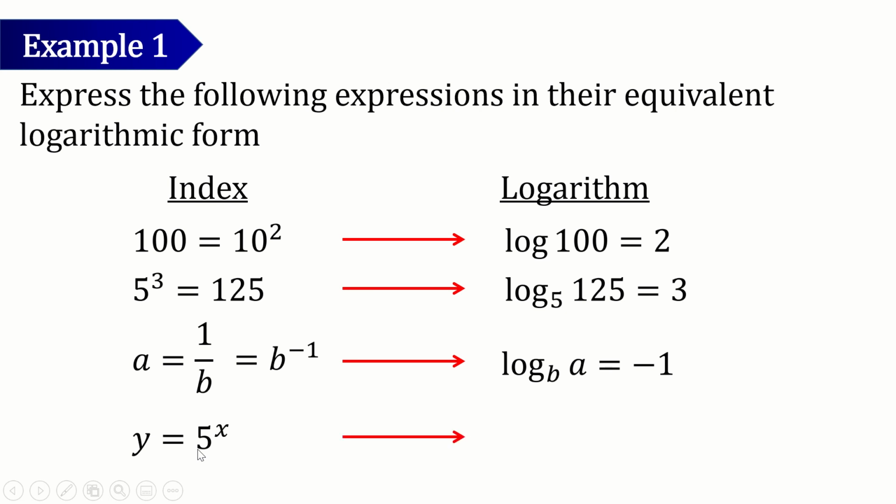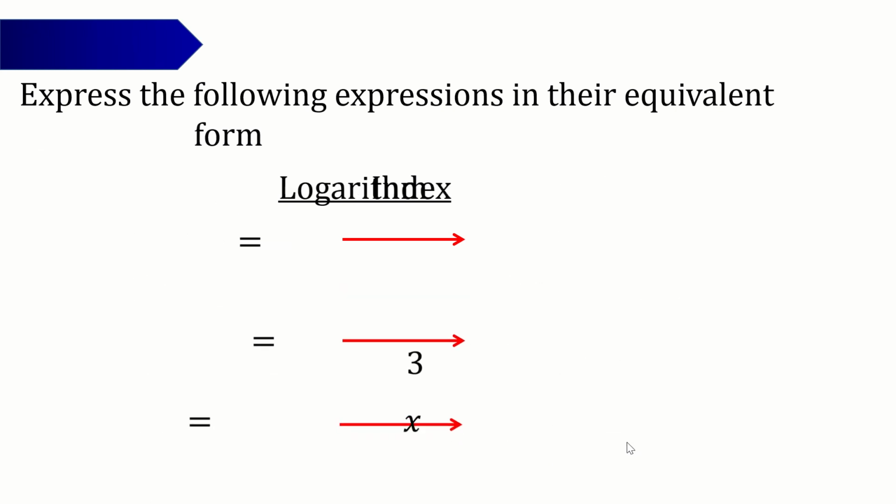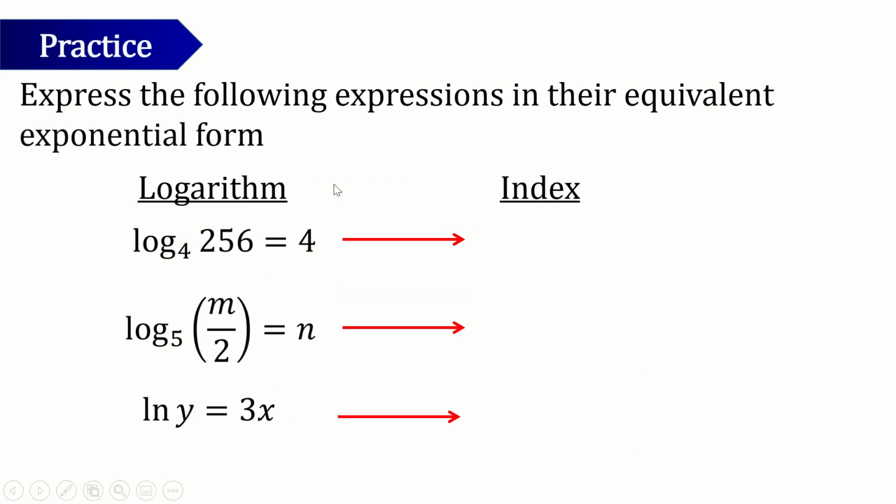In logarithm form, this is log base 5 of y equals x. You can practice with this question, which is the other way around: given the logarithm form, you need to change back to index form. You can do it as an exercise. Right, so we move forward.